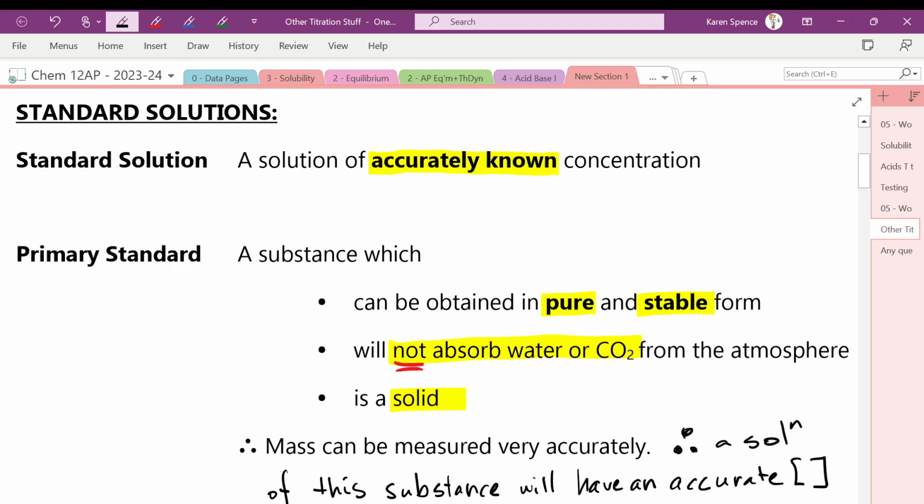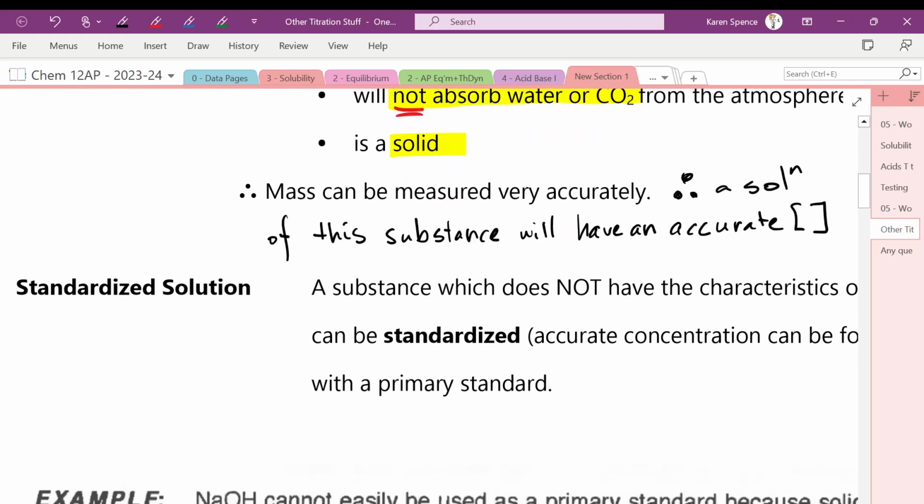Now you will see standardized solutions. You will say, oh, I have an NaOH standard solution. NaOH is terrible. It absorbs carbon dioxide and water from the atmosphere like nobody's business.